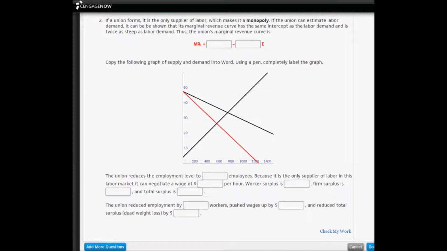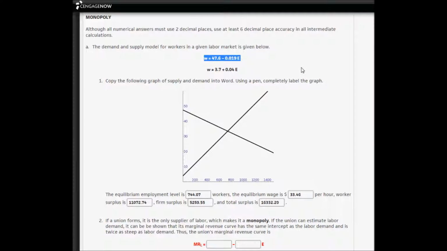If a union forms in this labor market, it will be the only supplier of labor, which will make it a monopoly. If the union can estimate labor demand, it can be shown that its marginal revenue curve has the same intercept as the labor demand curve, but is twice as steep as labor demand. Thus, the union's marginal revenue curve is, that is the labor demand equation.